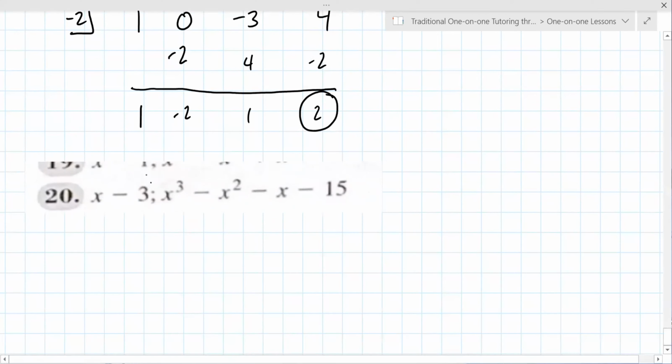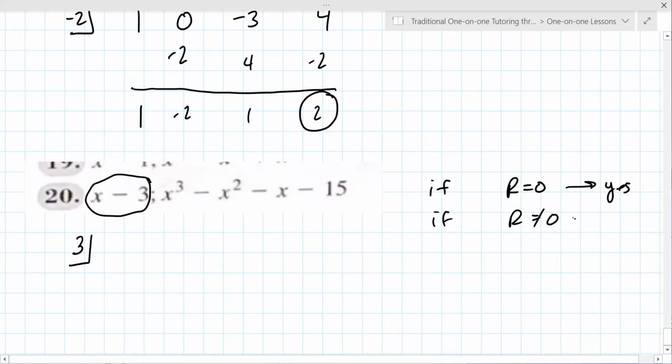So basically they're saying, does this divide evenly into that? And the way you figure it out is with synthetic division. So if the remainder equals 0, then yes. If the remainder does not equal 0, then no. So it's pretty straightforward. It's just like, hey, do the remainder theorem again, or the polynomial division, synthetic division again.